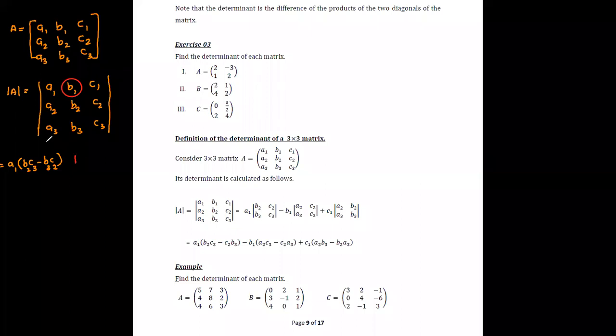The value is B1. And when connecting the first quantity with the second quantity, we must always connect them using a negative sign.